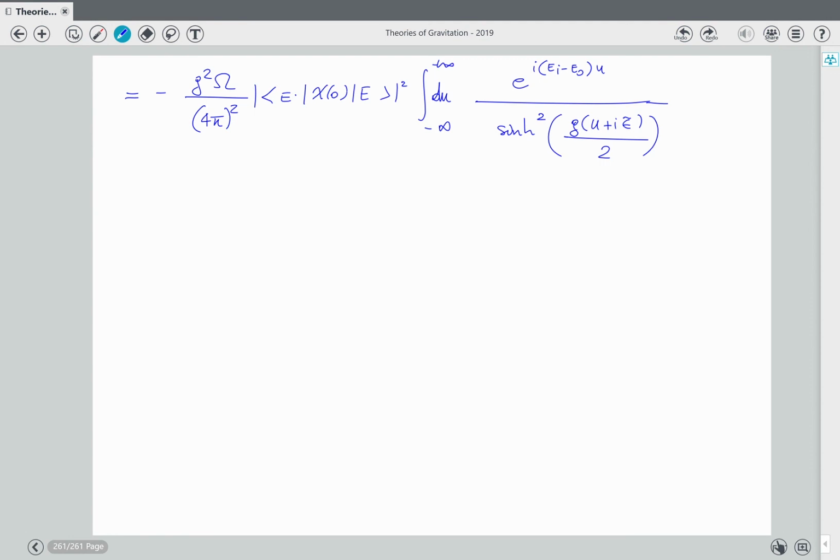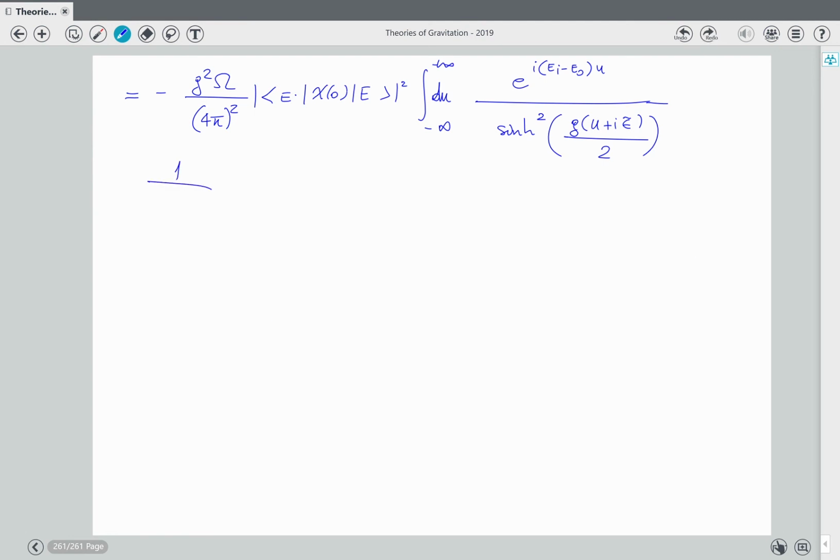Okay. Now, how to compute this by means of the residue theorem? You have to work out the poles of that. But there is an identity that rescues us.